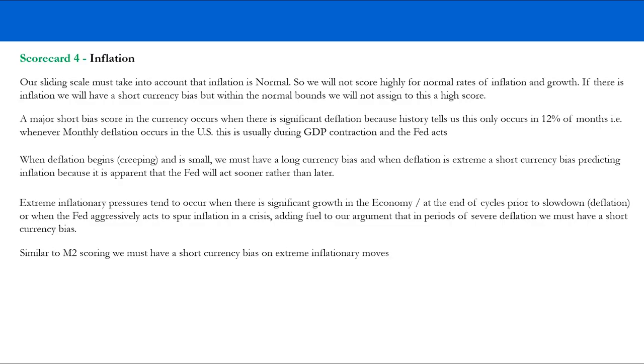This overall again adds fuel to our argument that in periods of severe deflation, we have to have a short currency bias in order to predict the inflationary move. Similar to M2 and also the CPI including food and energy, we have to have a short currency bias on the extreme inflationary moves. Okay, so let's have a look at this pictorially again.